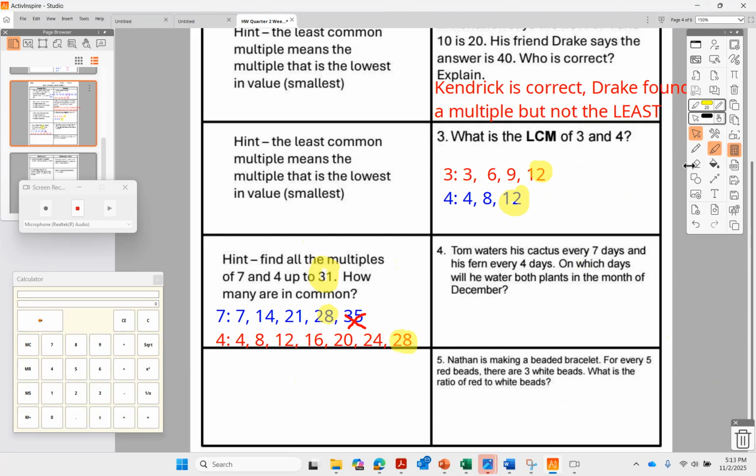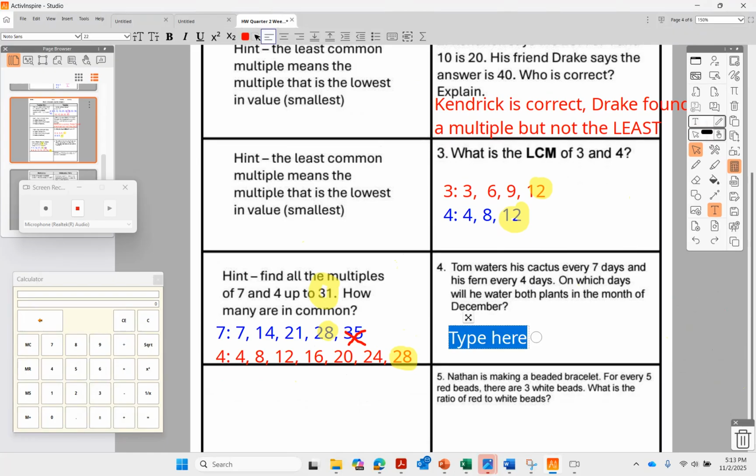Okay, so let me box this. On December 28th, he will water both plants on the same day.